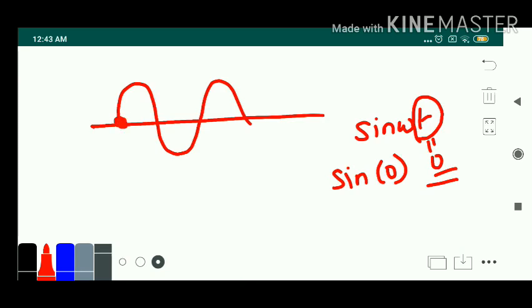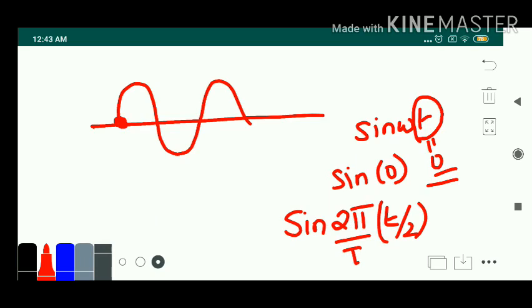Now, this you have learned in waves, I'm just repeating it: ω is 2π by T. So at half the time period, writing capital T in place of small t, the T cancels out, the 2 cancels out, and it becomes sin π. So at the half time period, the sine wave will be 0 again.